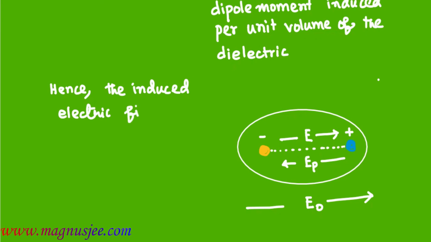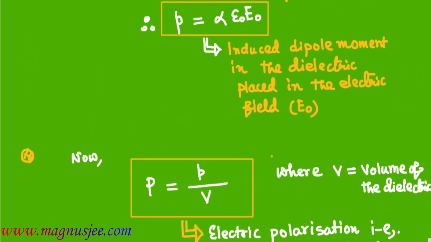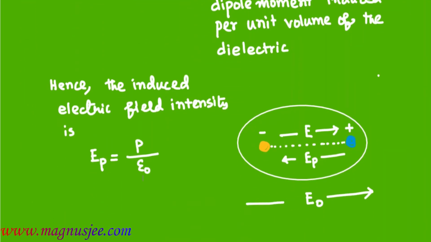The induced electric field intensity, which acts in the opposite direction of the applied electric field E0, that means it acts from the center of positive charge to the center of negative charge, towards left, is given by EP equals dielectric polarization capital P divided by epsilon 0, the permittivity.